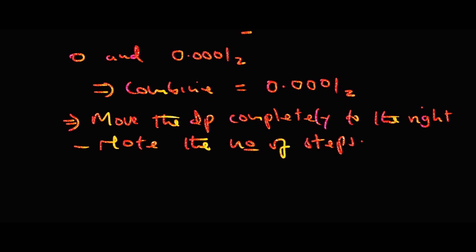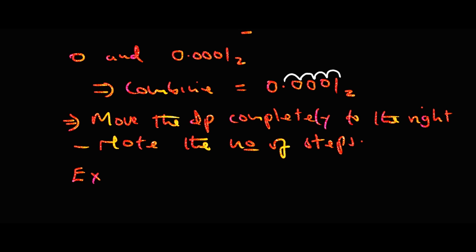The number of steps is what is going to guide us to get the exponent column for a single precision table. So now let us do the movement to the right: 1, 2, 3, 4. It takes 4 steps to move the decimal completely out.